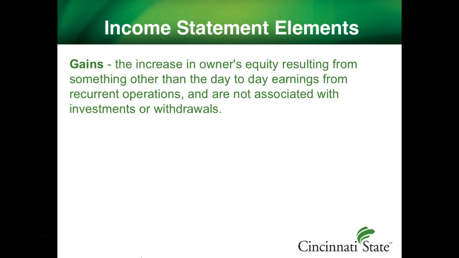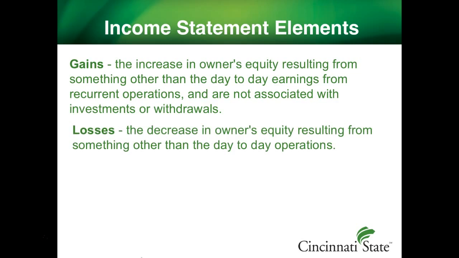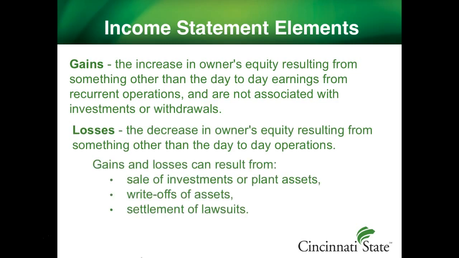If the CPA firm sells one of its old computers and it sells it for more than its book value, this transaction will result in a gain. If we sell it for less than its book value, then it will result in a loss. This is a peripheral transaction since the firm is not in business to sell computers.